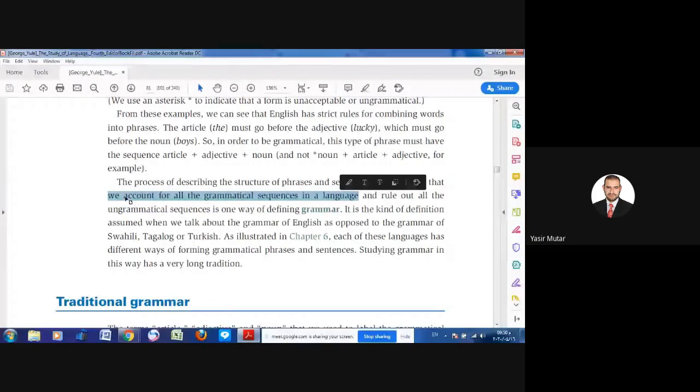To identify which form in the language is grammatically accepted, usually sequences, so words after words, and then rule out and reject all ungrammatical sequences. This is how to define grammar in the study of language or linguistics.